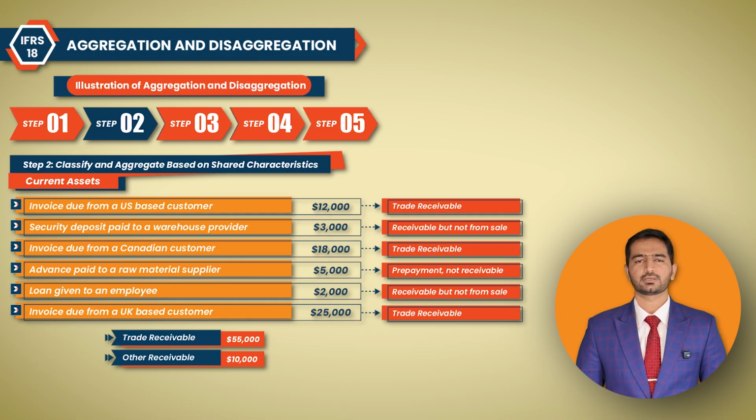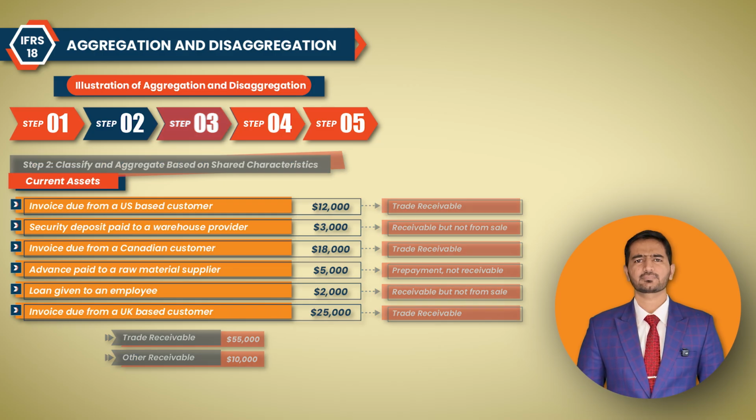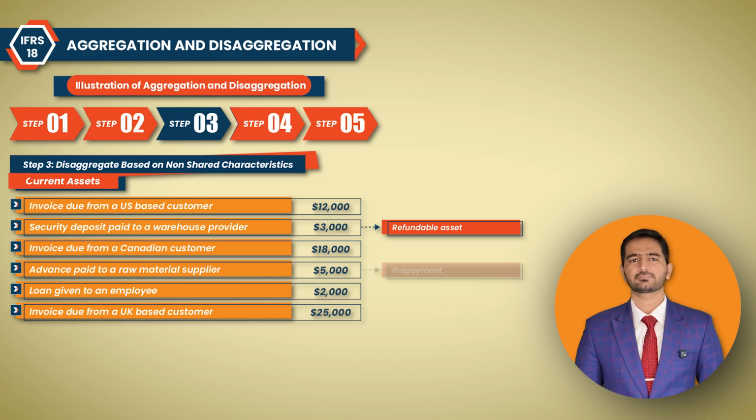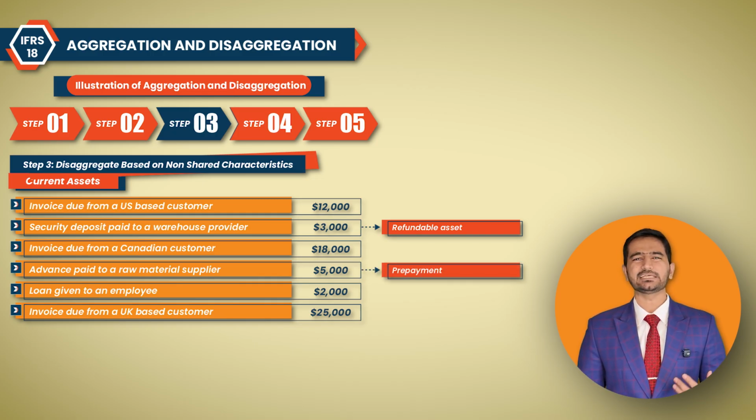Now hold on. Before you jump into preparing your financial statements, take a step back. Ask, do these three other receivable items truly share enough in common to be aggregated? Let's think. Security deposit is a refundable asset. Advance to supplier is a prepayment. And employee loan is internal short-term lending.